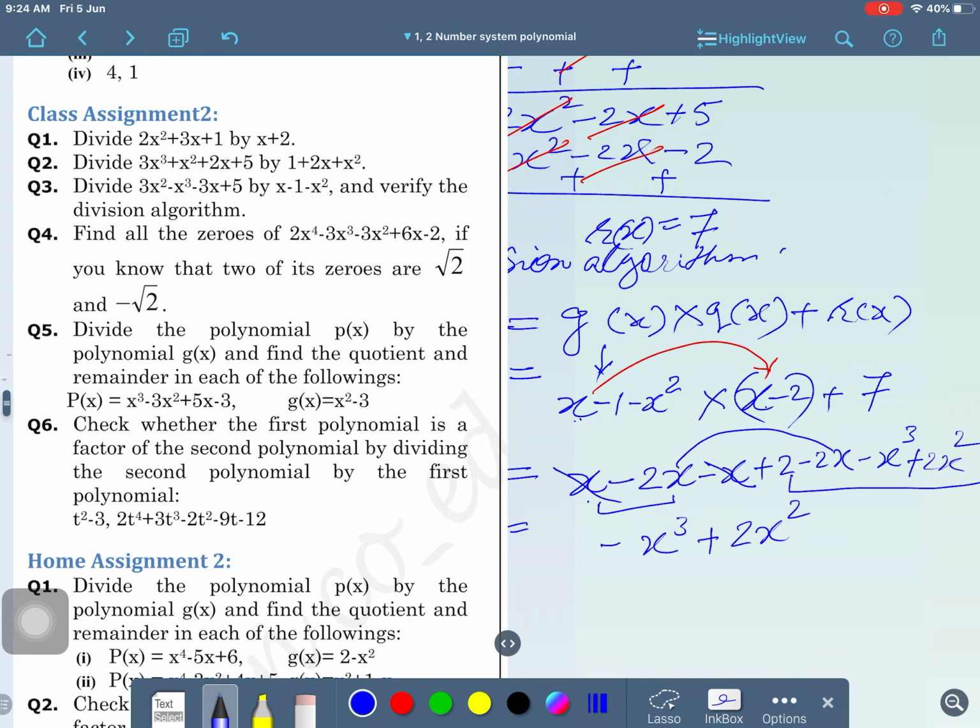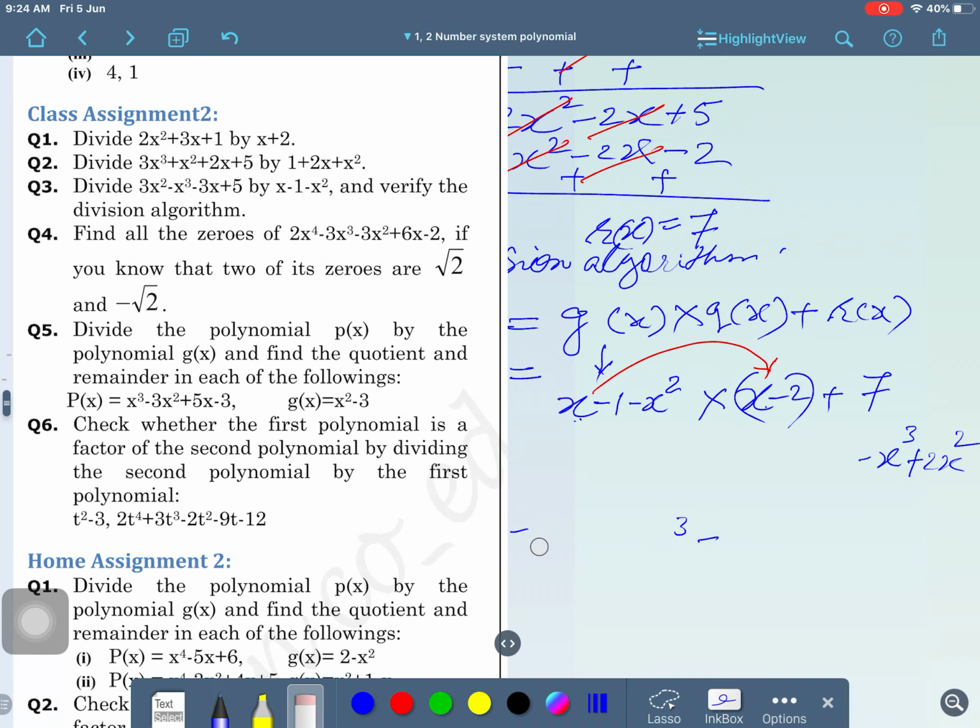Wait a minute please, there is some mistake in the multiplication. Look, this is x into x square, and x into x, 2x, minus 1 into x, and plus 2, minus x cube, and minus plus 2x, clear, and it's a square plus 7.